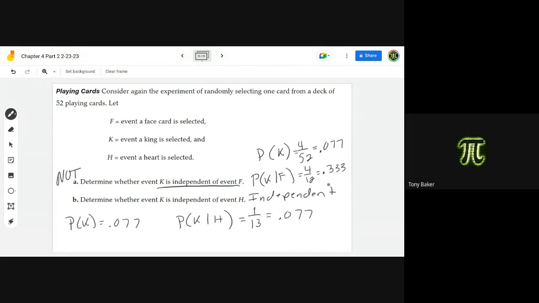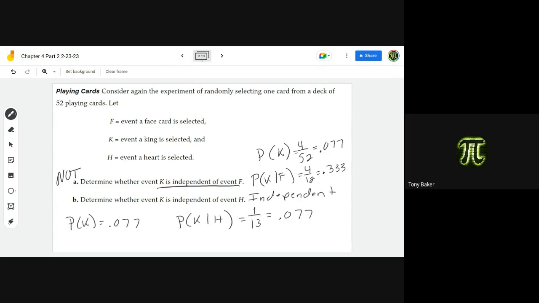And by saying that, you mean they have the same collection of outcomes essentially? No, actually, that's a very important difference in what we're saying. The first one, if I'm picking a king, just picking a king, I have the king of clubs, king of hearts, king of spades, king of diamonds. So I have 4 outcomes. When the second one, if I'm picking a king, given I've chosen a heart, I'm literally picking one.